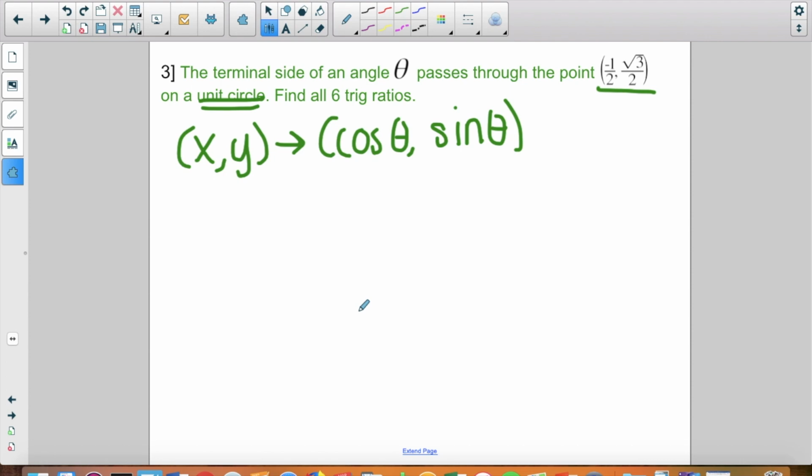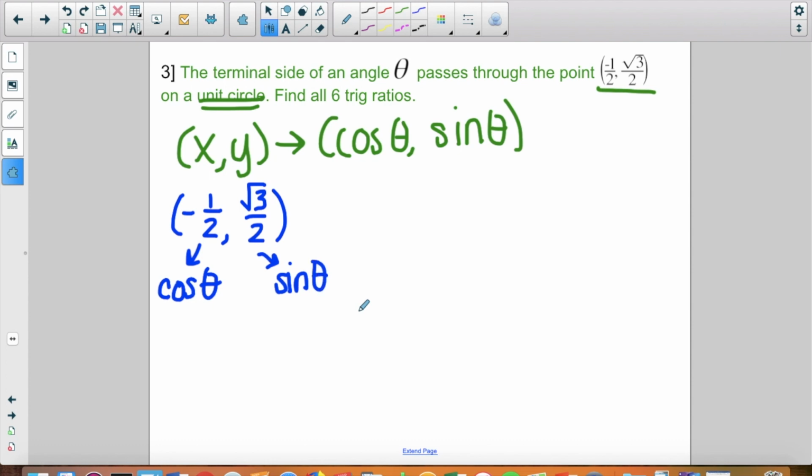In this problem, they give us the point negative 1 over 2, comma, radical 3 over 2. This tells us that negative 1 over 2 is cosine of theta, and radical 3 over 2 is sine of theta. So we already have 2 of our trig ratios done.